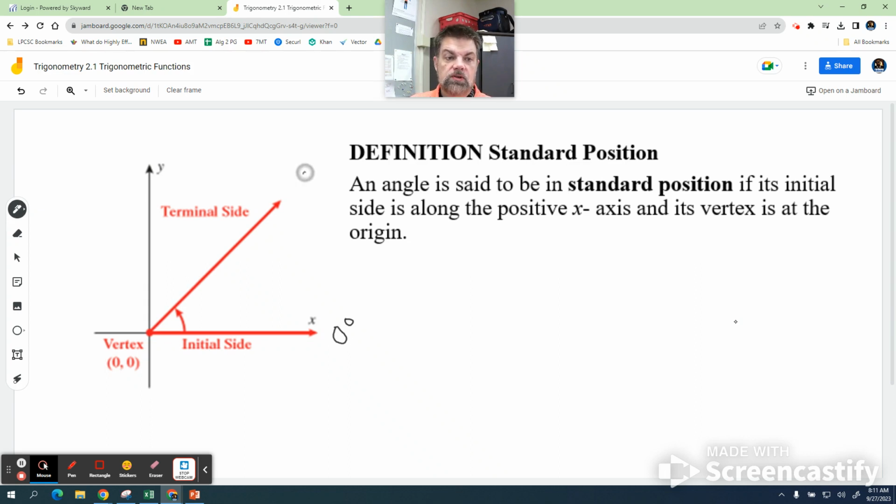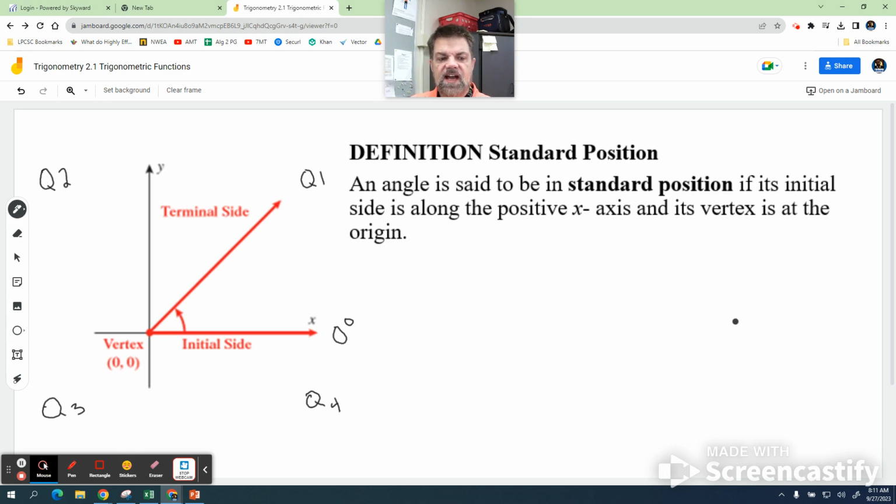So quick review, this is quadrant number 1. Over here, this is quadrant number 2. Over here is quadrant number 3. And right over here is quadrant number 4. And this is important in trig. Well, we'll get to it when we get to it.